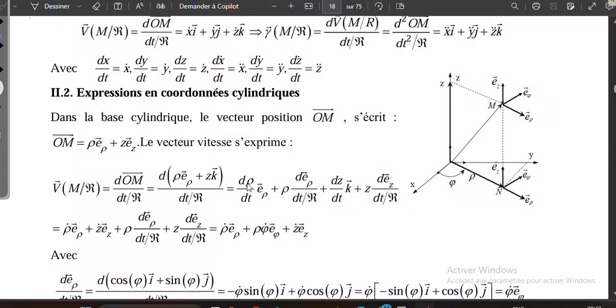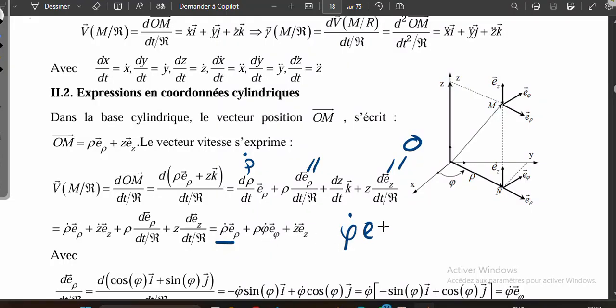Then plus you continue because there's this product, but you know it is k, so you find the derivative of z with respect to time, keeping k constant, then plus z, the derivative of ez with respect to time, keeping z constant. But you know that ez or k is constant in R. Therefore, this derivative will be 0. But this derivative will give you something. So here they got rho dot E rho, which is this. Then here it's rho multiplied by the derivative of E rho with respect to time, which is phi dot.